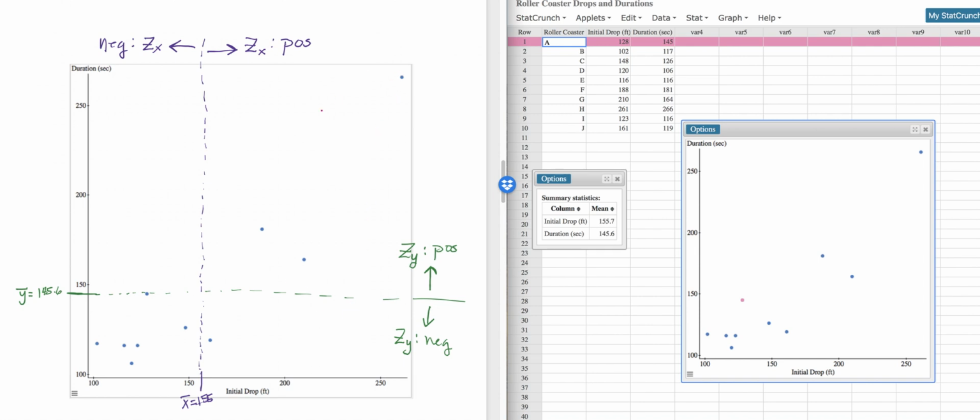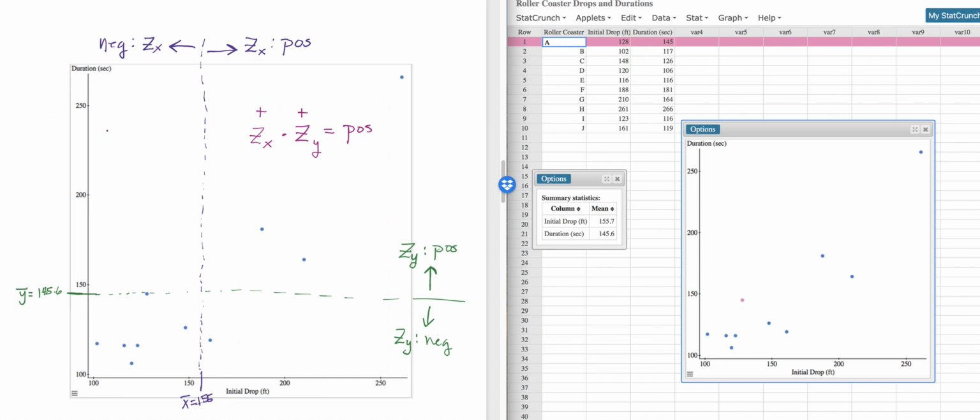So for these 3 points up here in this quadrant, the z-score for the x is positive times the z-score for the y is also positive, and positive times positive gives us positive. So all of those products are going to be positive for any ordered pair that shows up in this quadrant.